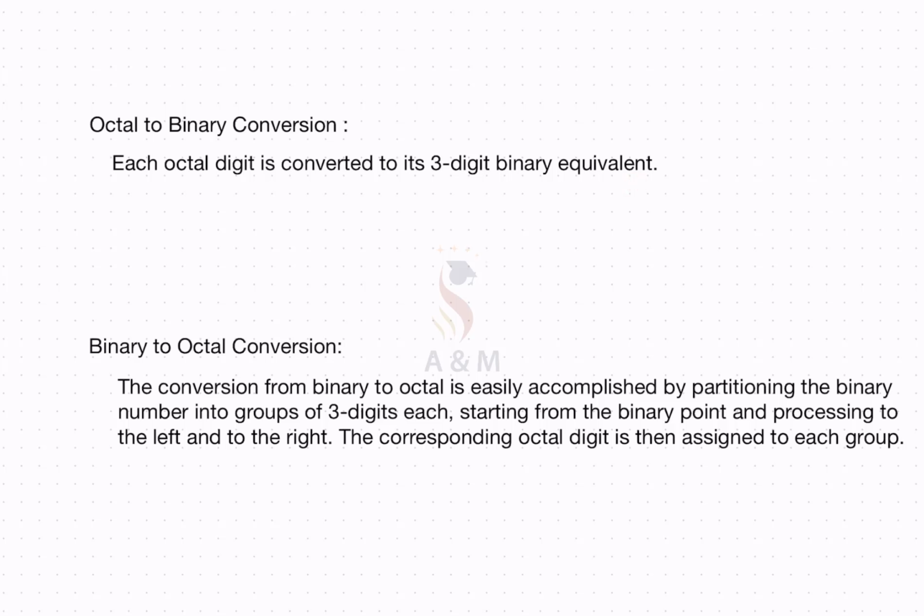That is, example 73.12 to the base 8, which is equal to 111011.001010 to the base 2, where 111 represents 7, 011 represents 3, 001 represents 1 and 010 represents 2.